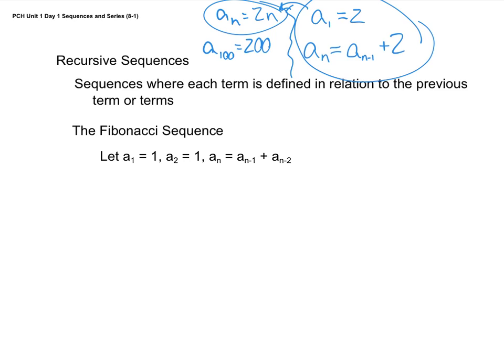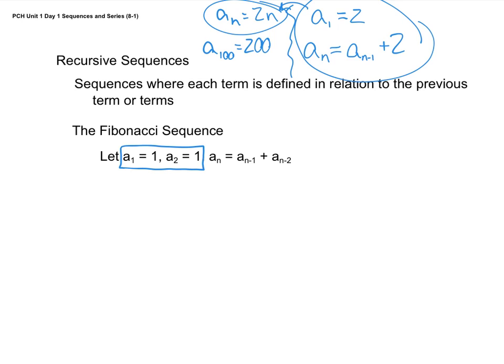Okay? Alright, now, one very famous example of a recursive sequence that you've probably heard of before is the Fibonacci sequence, okay? You may not have known that it was a recursive sequence, but you've probably heard of that sequence, alright? Notice the definition. Here, we're told what a sub 1 and a sub 2 are.